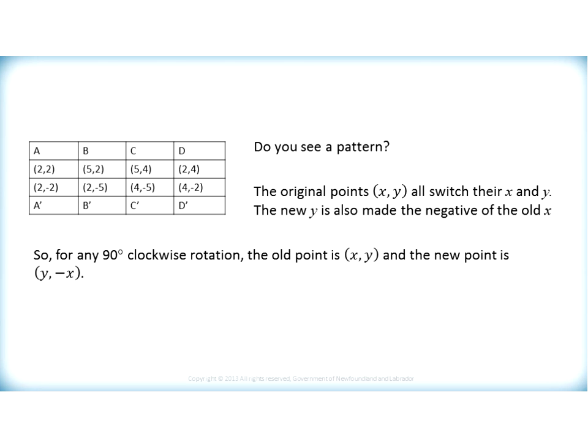So for any clockwise rotation, we're going to see that pattern. Whatever the point (x, y) is in the original object, the new point is always going to be (y, -x) when I rotate 90 degrees clockwise through the origin.